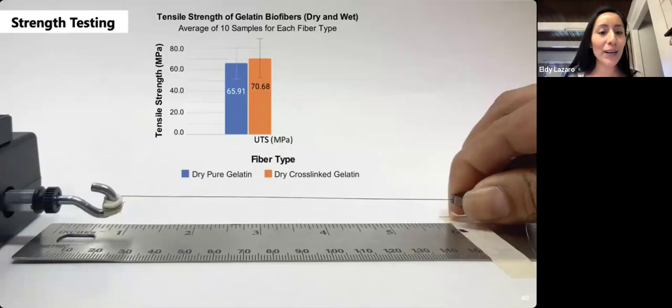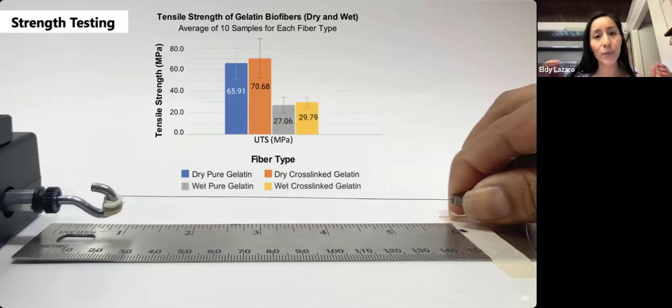But getting back to the mechanical properties of gelatin fibers, when they are in a dry state the tensile strength is pretty good, I would say. But we can also see that when they get into a humid environment, that strength drops significantly, to about a third, I would say.